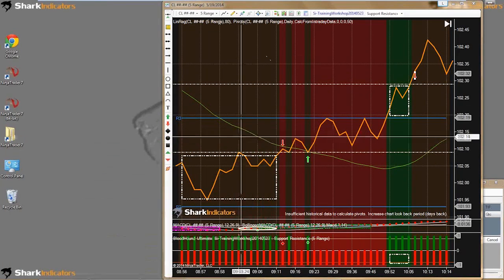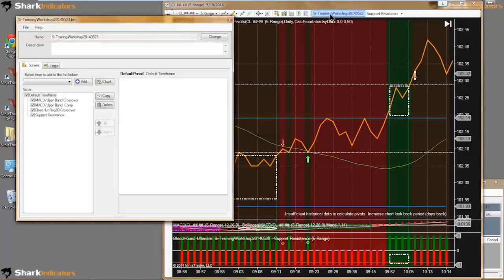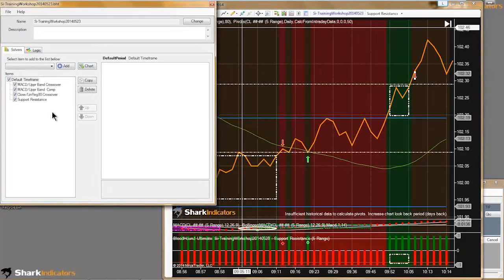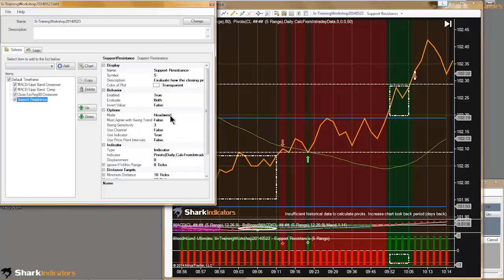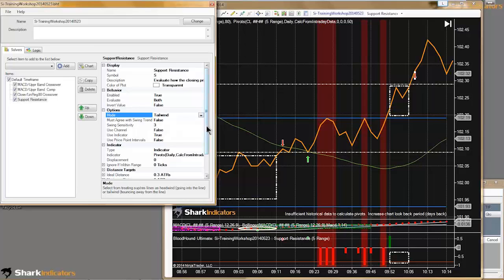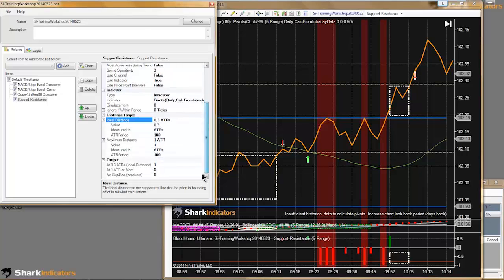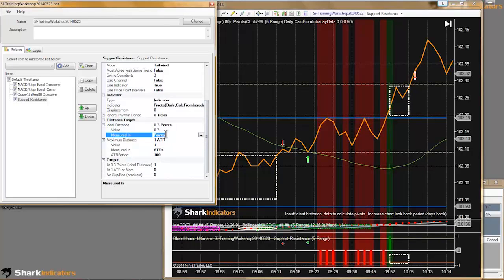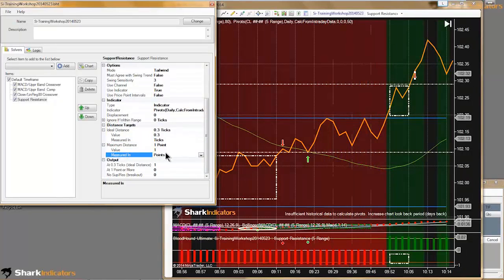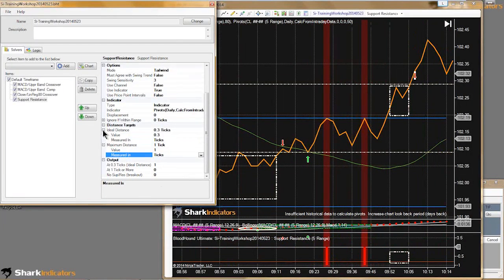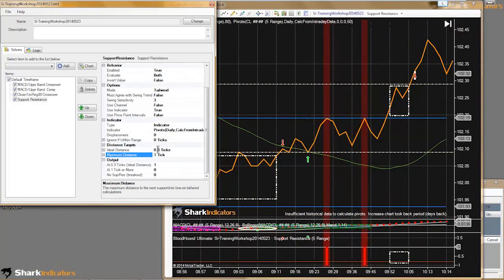Alright, let me minimize that, and so now let's cover tailwind mode real quick. So that's headwind mode. Next I'll switch this over to tailwind mode, and let me change my distances here. I set them to ticks so they're easy to see.